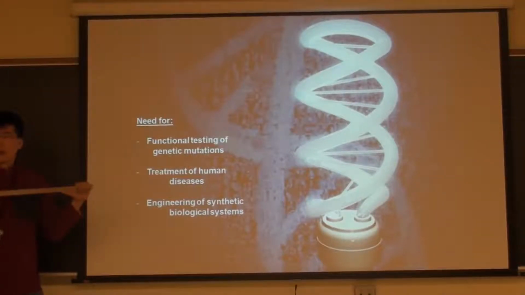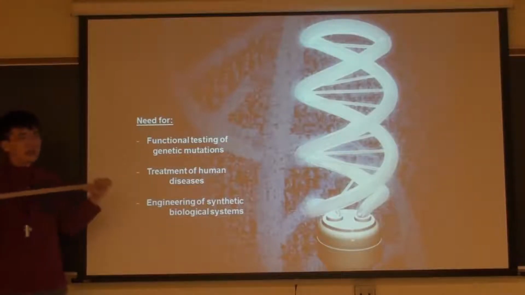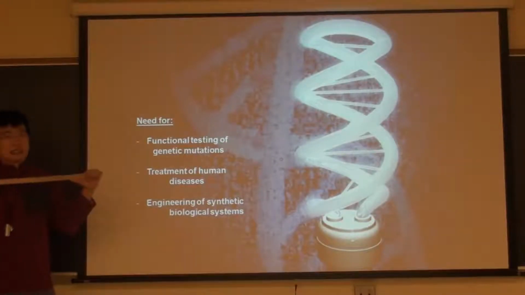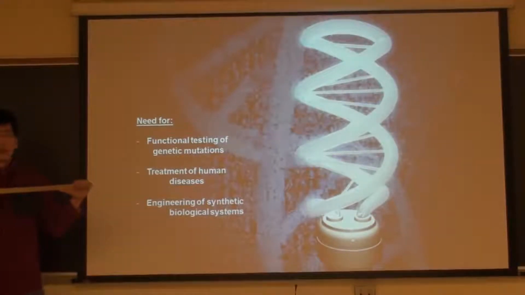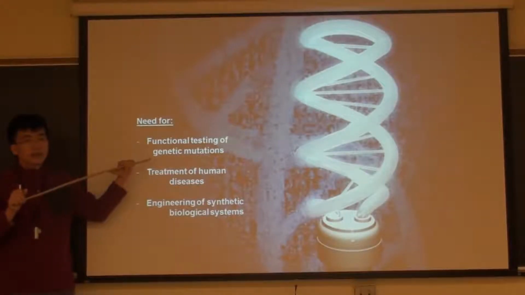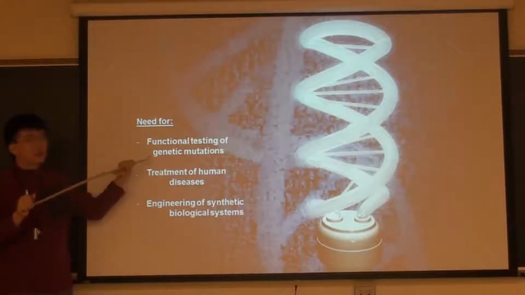Then if the virus does not replicate, you know that the NS3 protein is essential for replication. So the ability to make changes in a defined way is really useful in understanding the functions of different genes. So that is one reason. It's great for research.